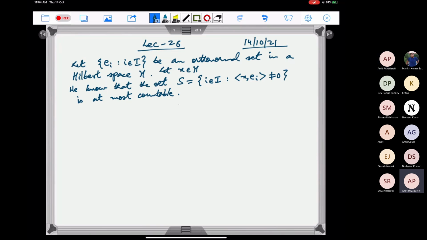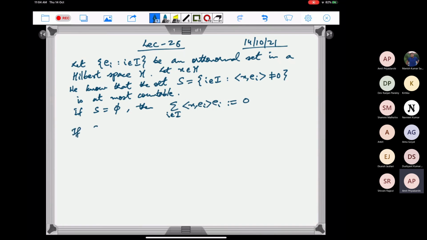So if S is the empty set, then the summation over i in I is defined to be equal to just the zero vector.